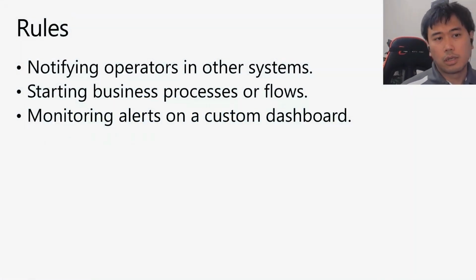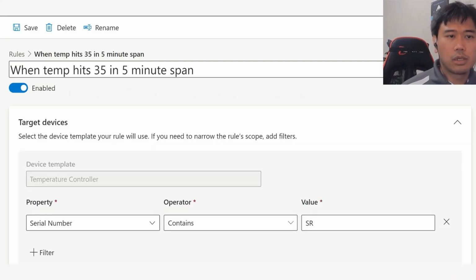So rules. Rules is when you want to notify operators or the other system. This is when you start looking at the business process flow and monitoring the alerts on a custom dashboard. In this case, you can create a rule for when the temperature hits a certain level in a 5-minute span.